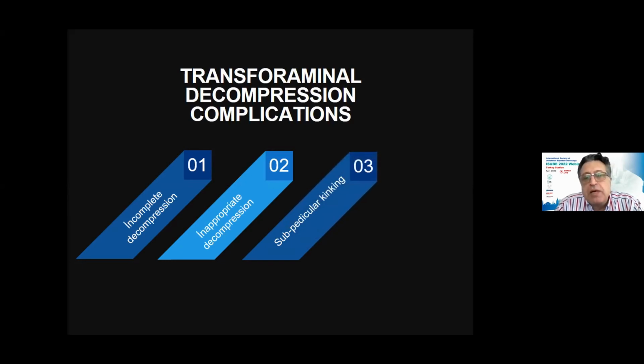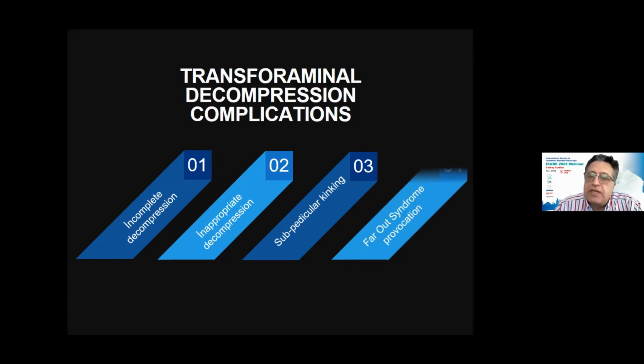And subpedicular kinking is also a kind of complication of transforaminal surgery, especially when we remove the disc and the disc tissue loses its height, so the foramen loses its height, and the L5 exiting nerve root, secondary to the surgery, starts to have a compression by kinking, and we think that we made an excellent surgery, but some days or some weeks after surgery, we see the patient again with similar painful signs.